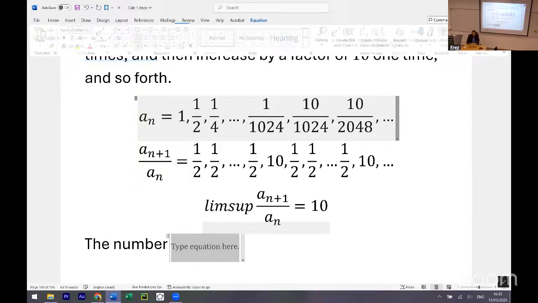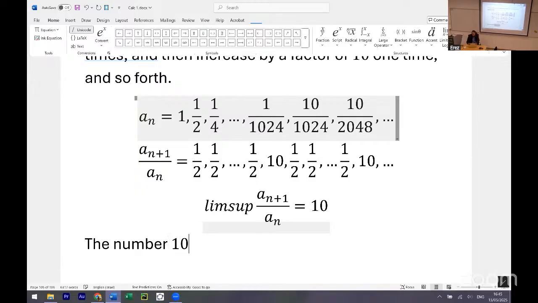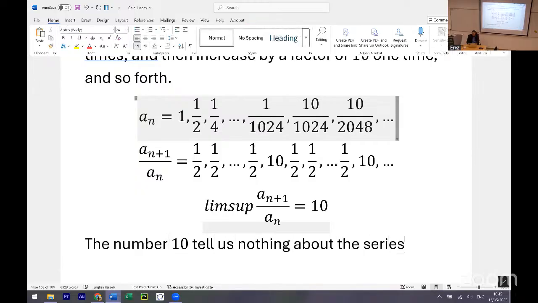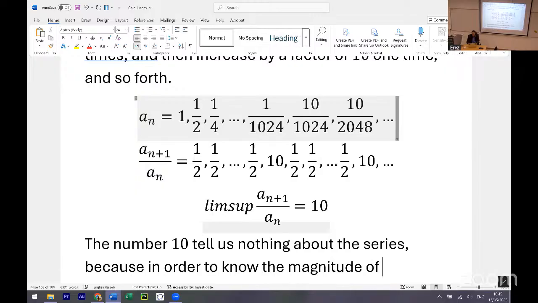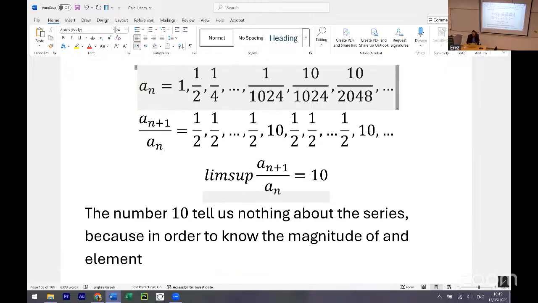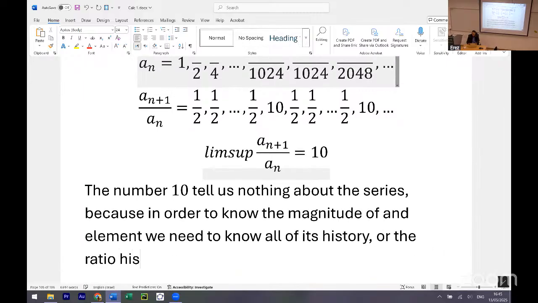tells us nothing about the series, because in order to know the magnitude of an element, we need to know all of its history, or the ratio history.